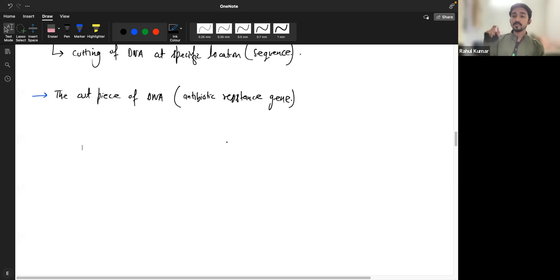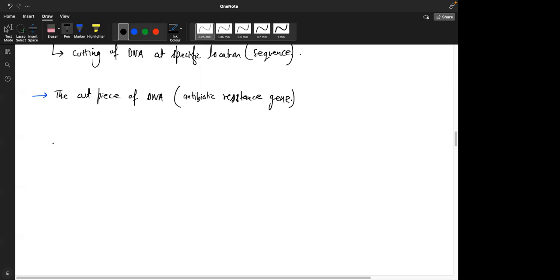Because you know the sites, you will also know how big or small your fragments will be after the cleavage. Correct? Everyone understood?